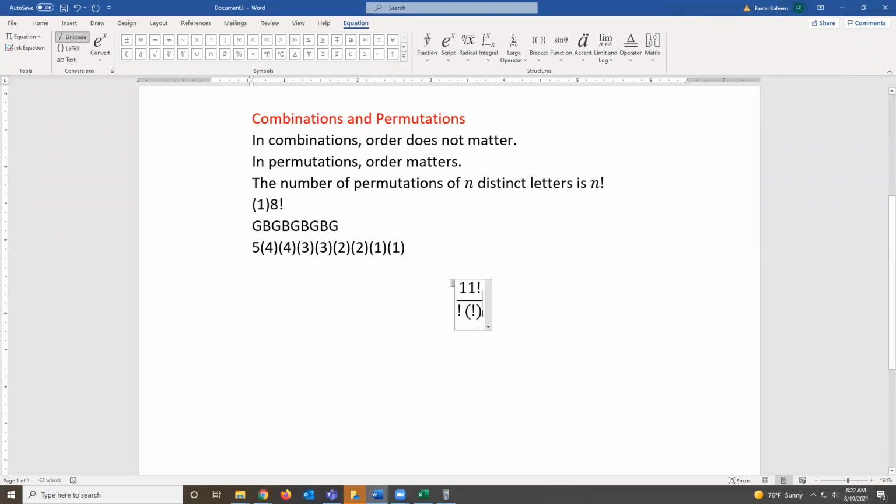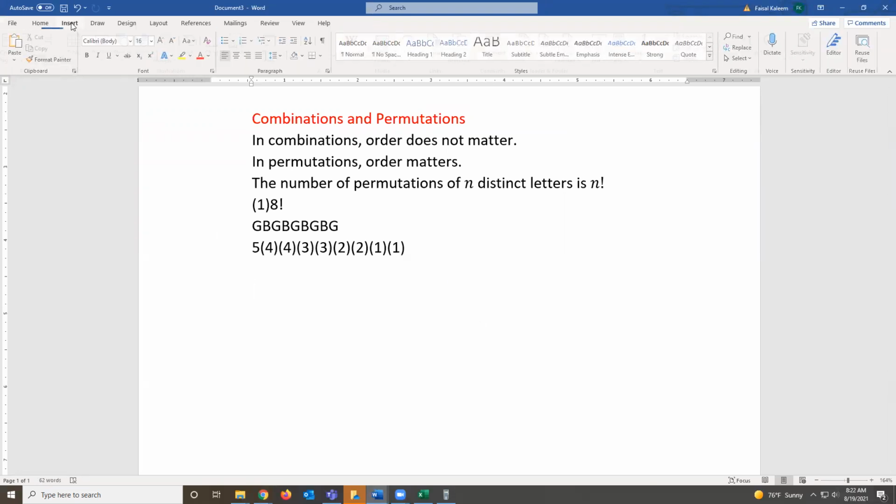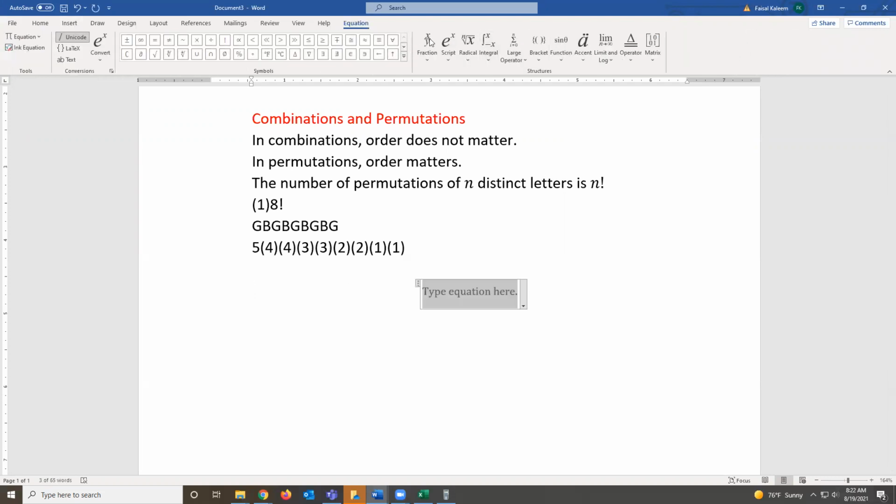Let's just rewrite it again. 11 factorial divided by 6 factorial, 3 factorial, and 2 factorial.